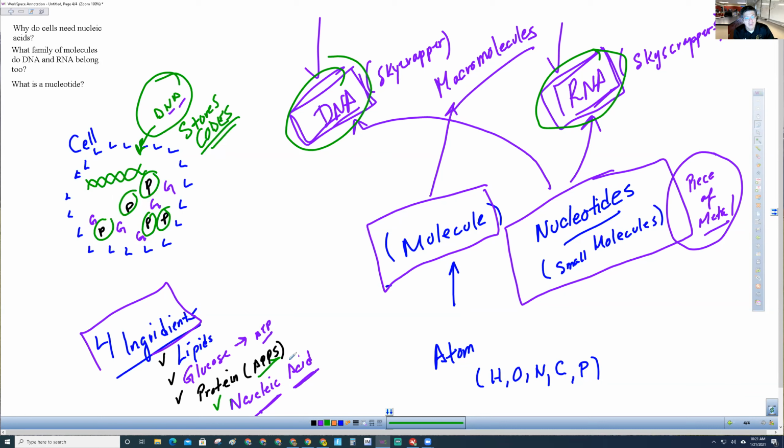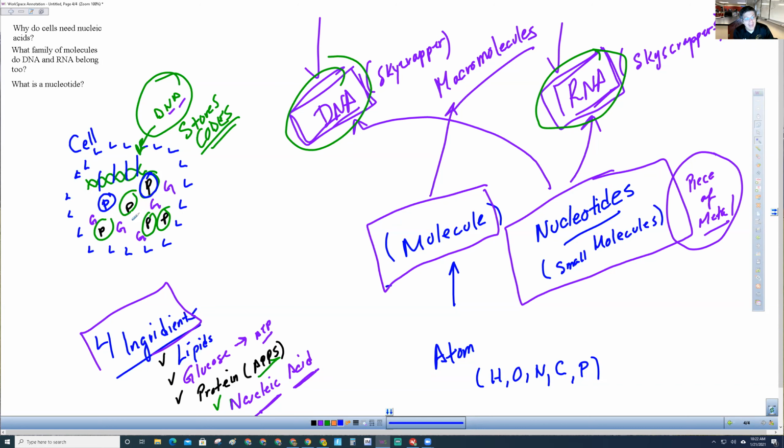So for example, if your cells need to make energy, then there's a code in the DNA so that the cell can make a protein that's going to make energy. Let's say your cells need to duplicate. There are codes in your DNA so that the cells can make proteins to help the cell duplicate.